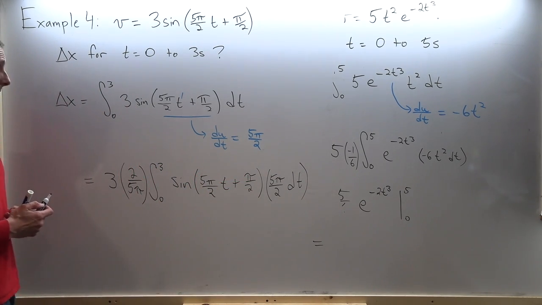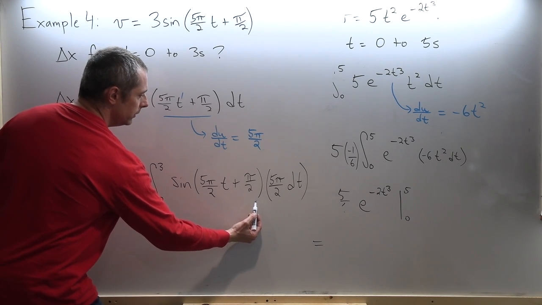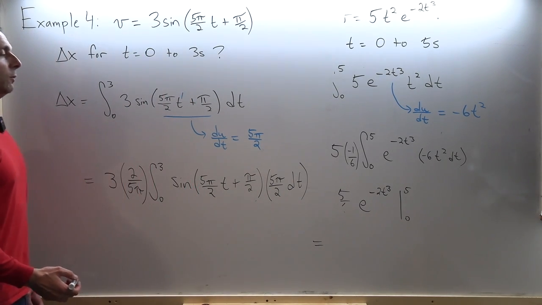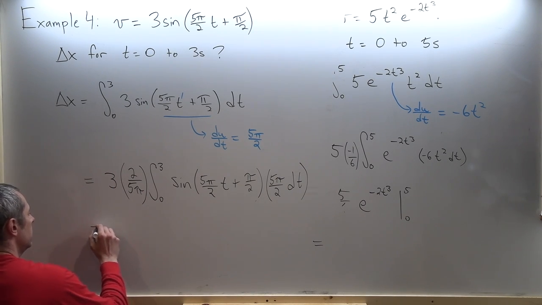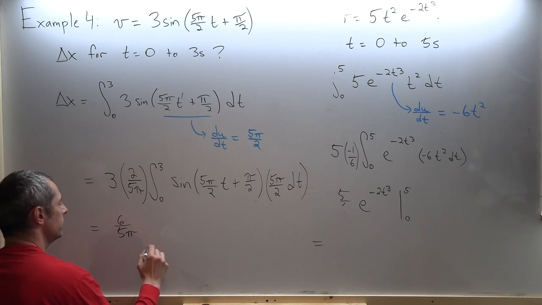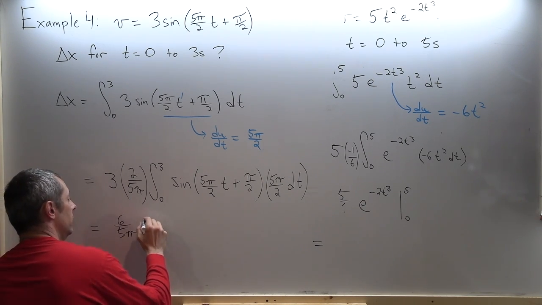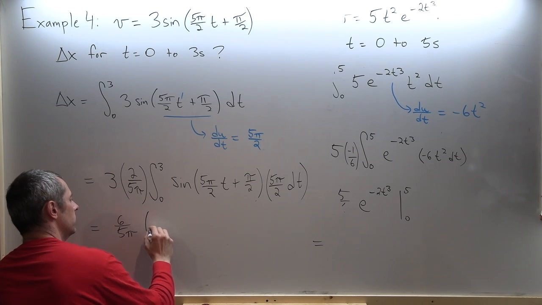So I haven't changed the function, but inside the integral I have sine of u du, which then integrates to 6 over 5 pi. So as I said, the integral of sine is negative cosine.